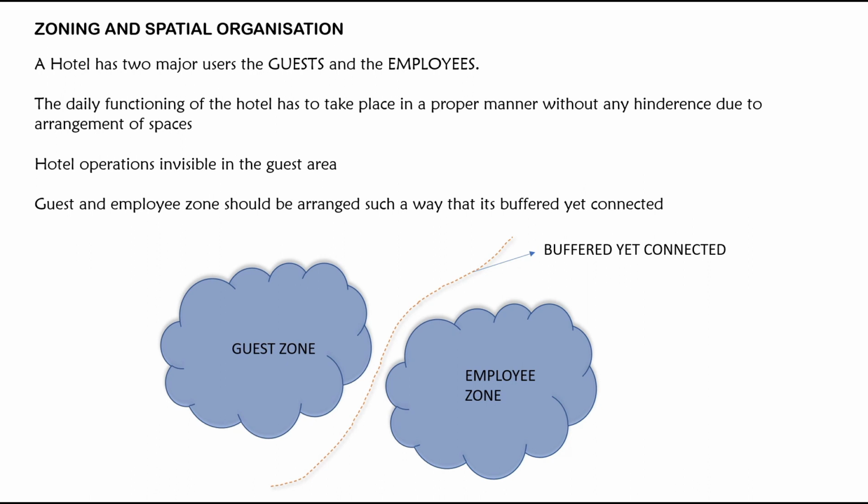Okay. In today's hotel, I have taken a five-star hotel as an example. See, the two zones are very important and they have to be buffered. Still, they have to be connected. And this buffering can be done either through a lift, a restaurant, a proper in-between space, a lawn, or all.